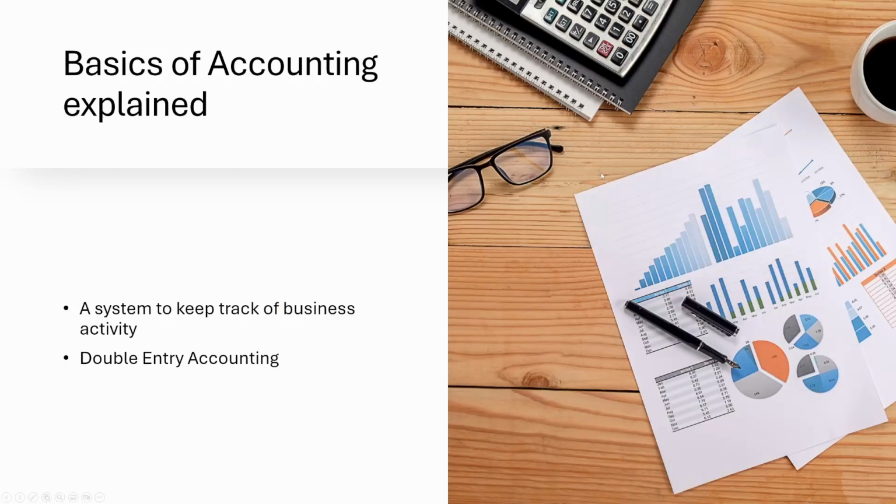So this won't be too long, just a quick overview. Accounting is just a system to keep track of all business activity. For example, if you have a loan you took out for $1,000, you want to be able to know, okay, I took out this loan, it increased the cash position this much.